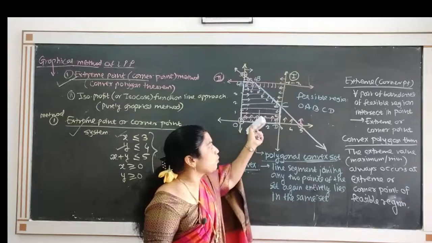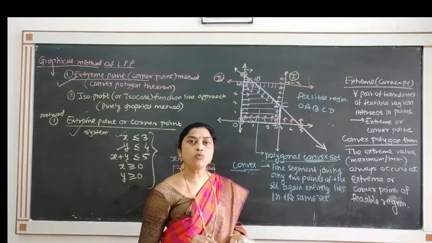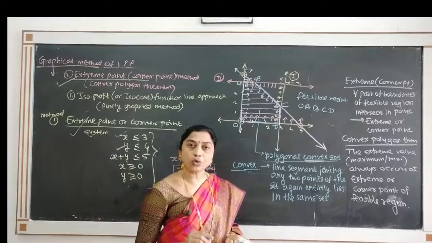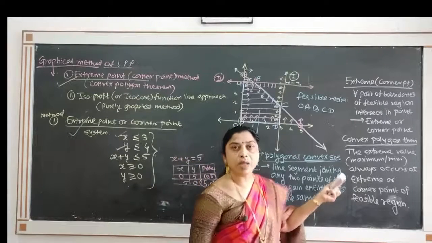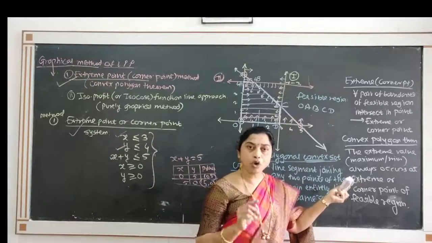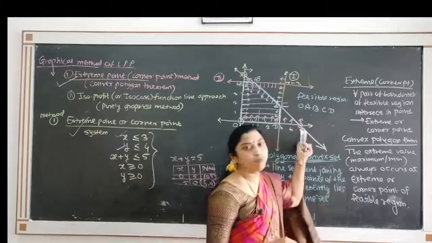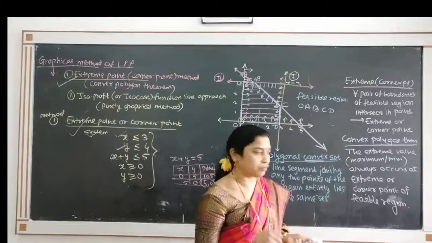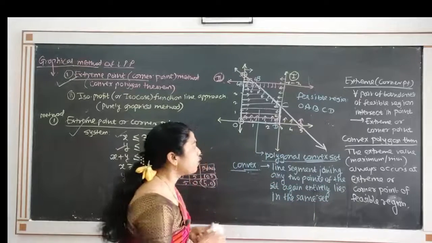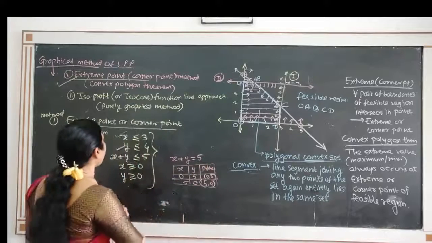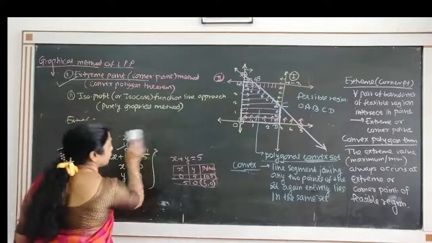The intersection of boundaries of the convex polygon gives extreme or corner points, and the convex polygon theorem says that the extreme value, that is the maximum or minimum value of the objective function, always occurs at an extreme point of the feasible region. Now using this, we want to study the first method, that is known as the extreme point or corner point method.